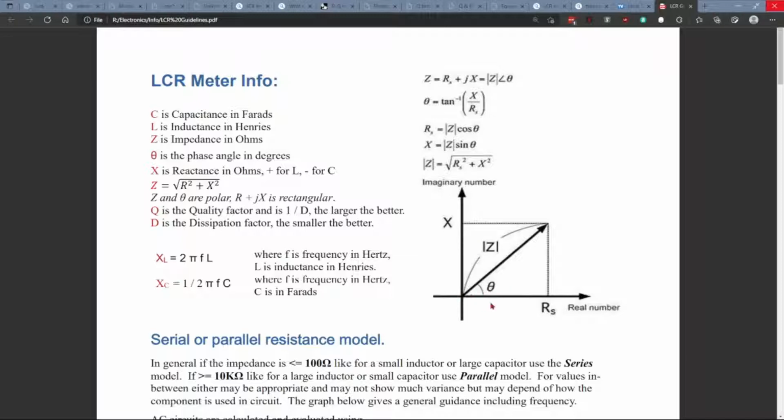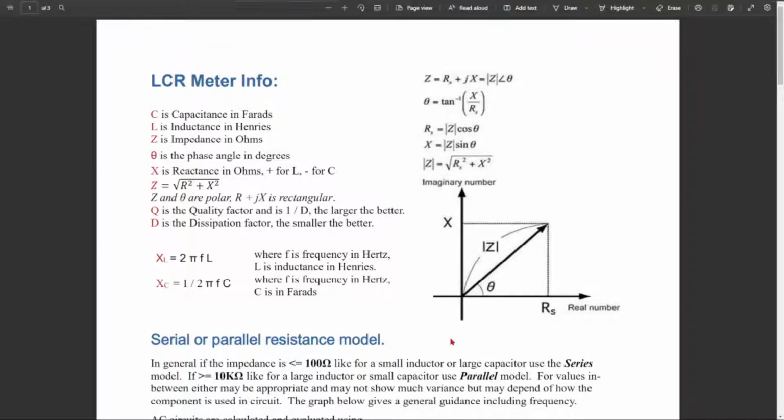We see that the RS, the series resistance, and that's what it will be called on the LCR meter, is on the horizontal plane here, and the reactance of the component will be on the vertical axis. It can actually be above or below depending on whether it's capacitive or inductive.